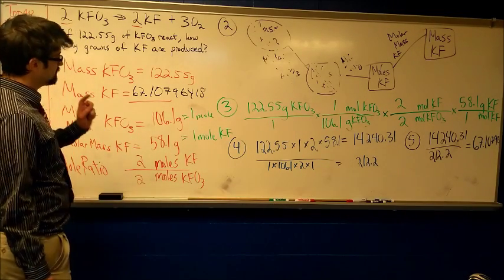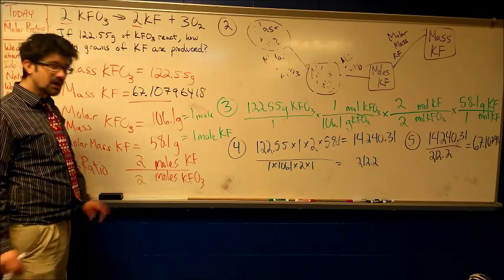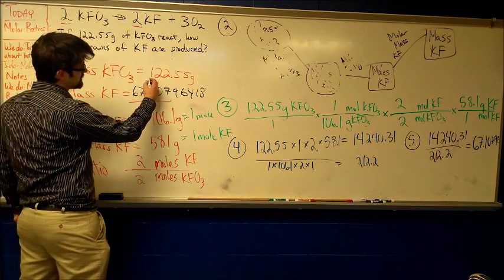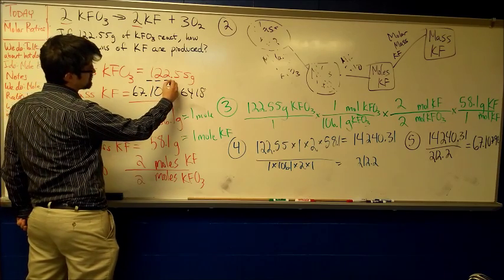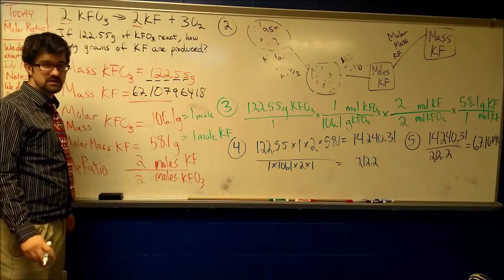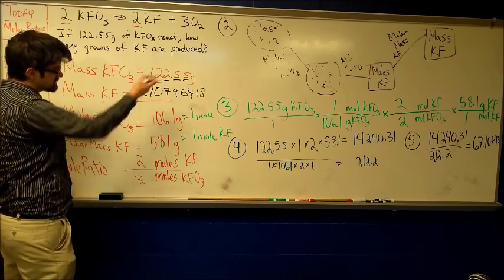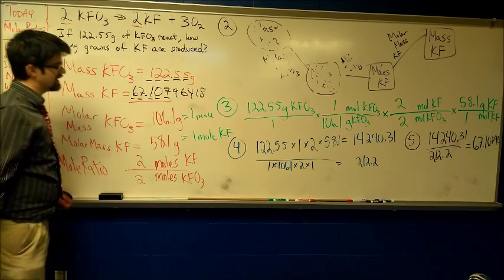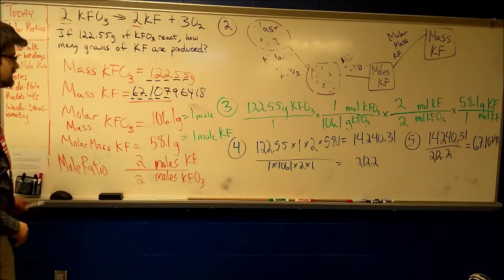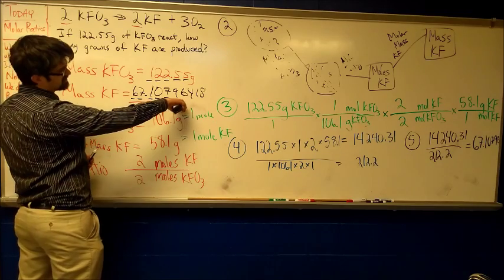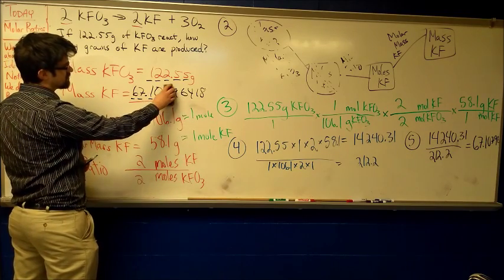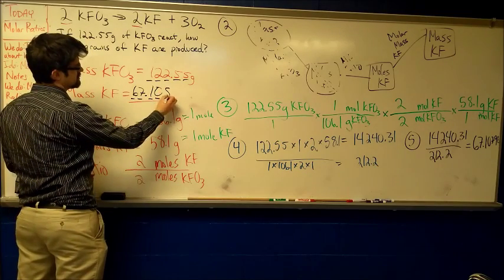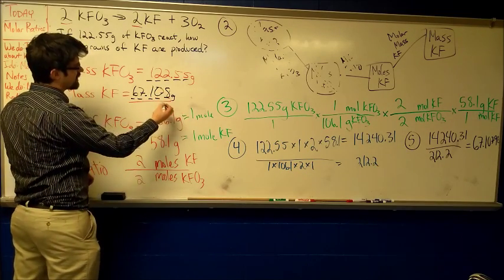We're going to do significant figures, which if you forget what those are, then just be happy with that number and we'll leave it be. We have 1, 2, 3, 4, 5 sig figs in our beginning amount. So we're going to have 1, 2, 3, 4, 5 in the answer. The 9, 6, whatever is going to round that 7 up to an 8. And that's our final answer.